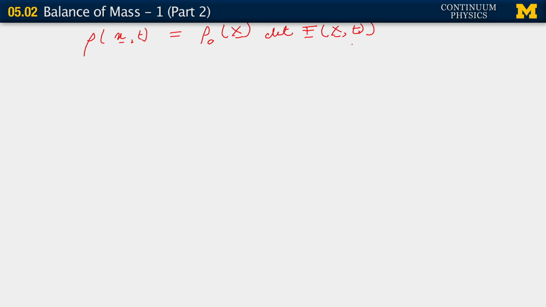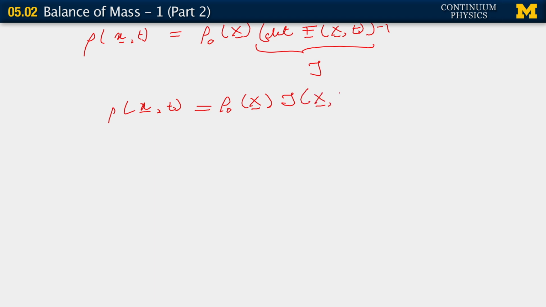Now, just for the sake of brevity in writing, it's common for us to write the determinant of F as J. So what we have is that rho, function of little x and time, equals rho 0, function of position, times J, function of reference position and time.